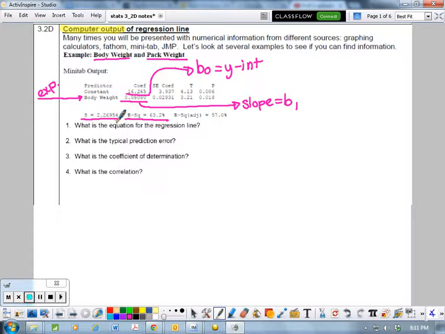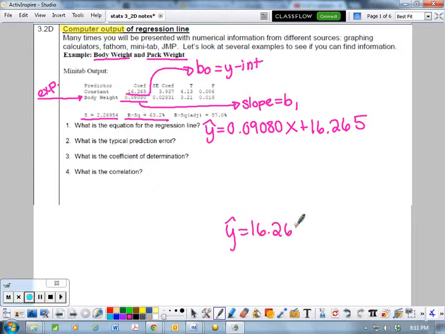When we're looking at the questions here, they ask, what is the equation for the regression line? So our equation would be y hat equals, and then we put in our slope, 0.09080, times x, plus 16.265. That's not written in our standard statistical form. The correct statistical form would look like y hat equals 16.265 plus 0.09080x.